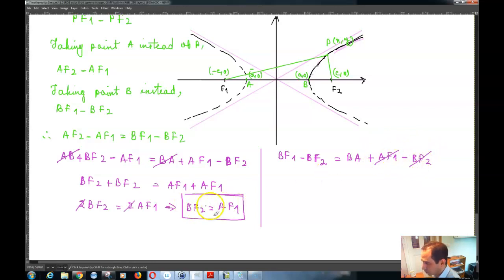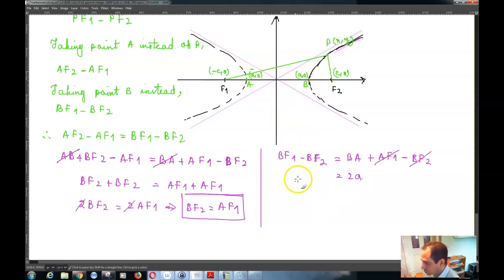These are equal quantities, one positive, one negative. So BF1 minus BF2, that distance that we were looking for, is equal to BA, which is equal to 2A.